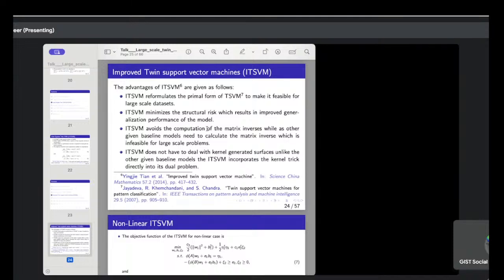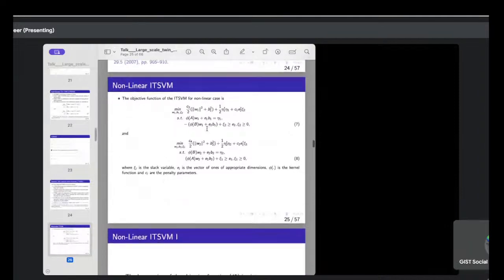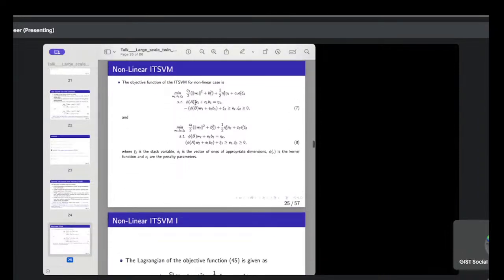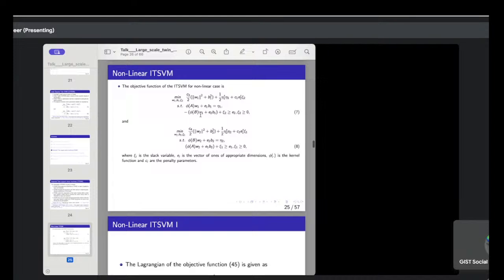And ITSVM does not deal with kernel generated surfaces, unlike the baseline algorithms we have seen. Okay. So if you look at this problem, it looks something like twin SVM, except for the first term of each objective function, and second, they are considering this one as an equality constraint in the problem.